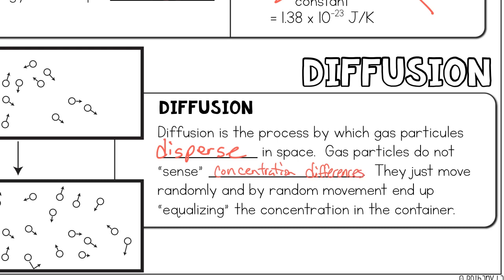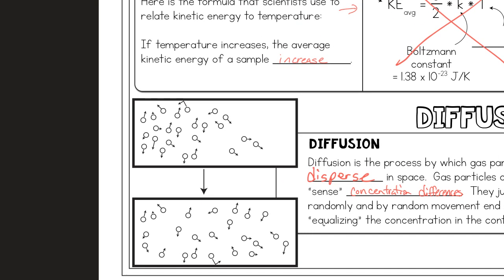They just move randomly, and by random movement end up equalizing the concentration in the container. So they go from high concentration to spreading out to places where there's a low concentration until finally they're all equal in all parts of the container. And that's the end of the notes.